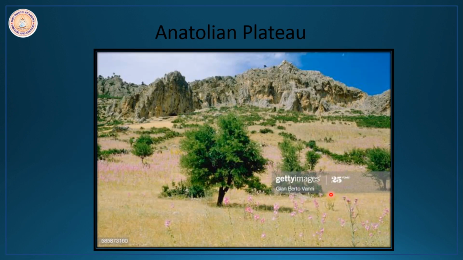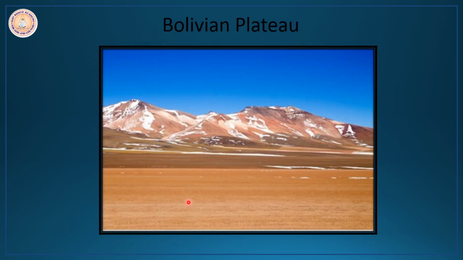Similarly, we have the Anatolian Plateau. It is between the Pontic and the Taurus Mountains in Turkey. The Bolivian Plateau is surrounded by the Great Andes mountain ranges.